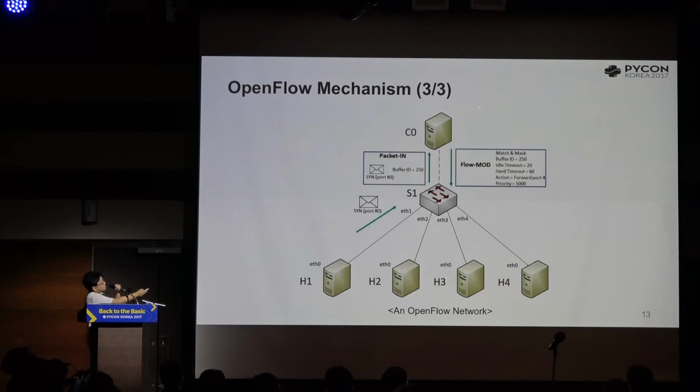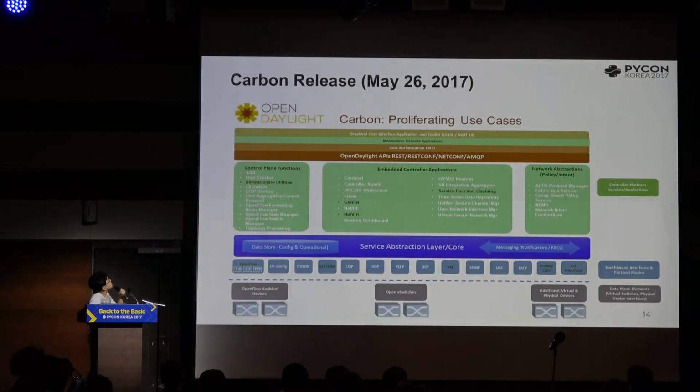And if your software is smart enough, you can reverse the source and destination MAC addresses and IP addresses and make 2 entries at once. Then when H4 wants to talk to H1, it doesn't even have to ask the controller. That's up to you. So that's basically how it works.